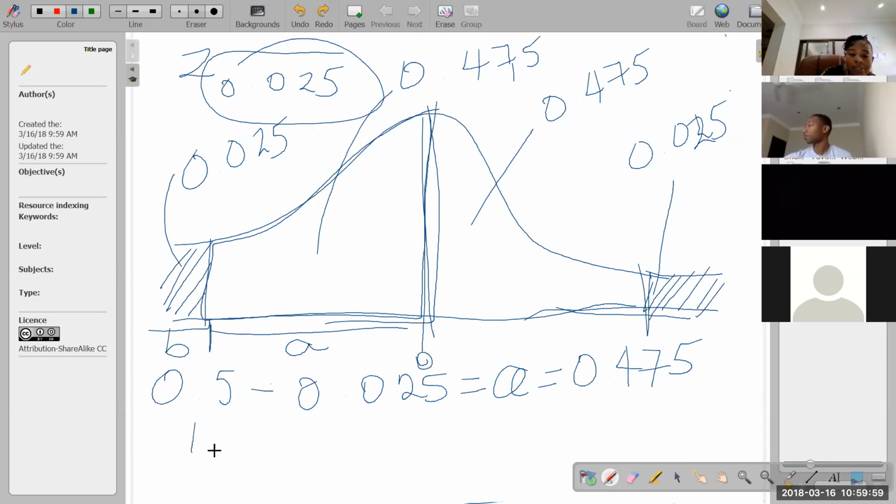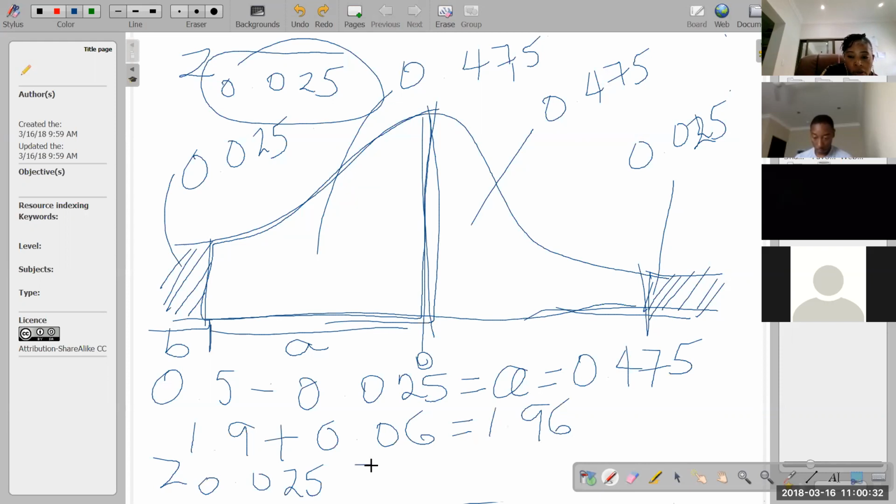So that's 1.9 intersecting with 0.06 to give us 1.96. So Z subscript 0.025 equals 1.96.